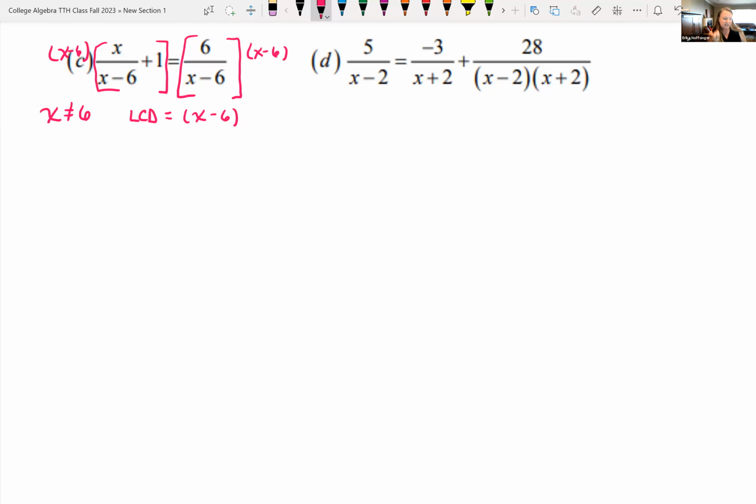Notice that we have 2 different groupings on the left-hand side. So that x minus 6 needs to be distributed to each piece on the left-hand side.